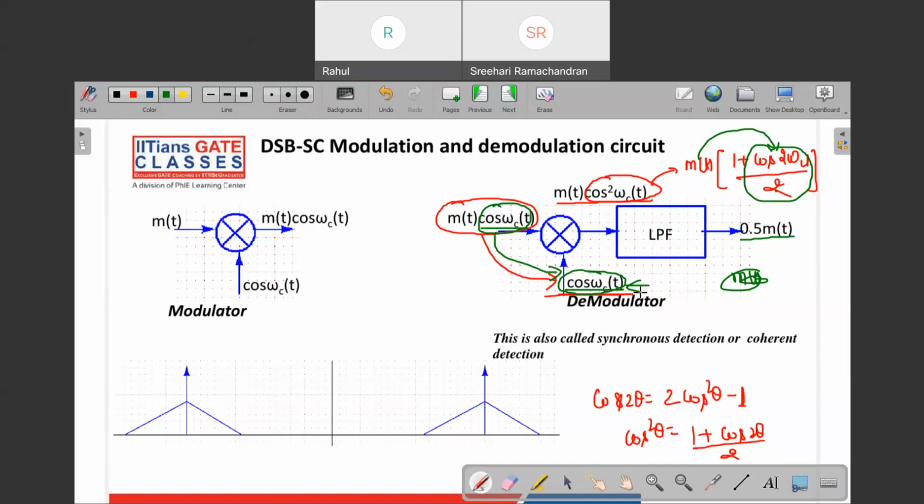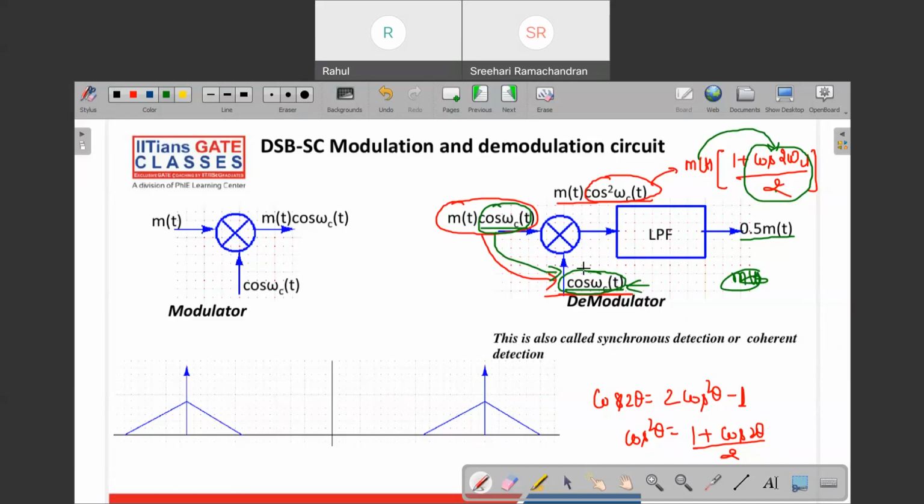Okay, so that is one of the problems that we have for the DSB-SC demodulation. In the case of amplitude modulation, you don't have to face this kind of synchronicity problem where the input and this cos ωct have to be in the same phase. In the case of AM, you don't have to worry about this phase thing. But in the case of DSB-SC demodulation, you have to take care of these phases.